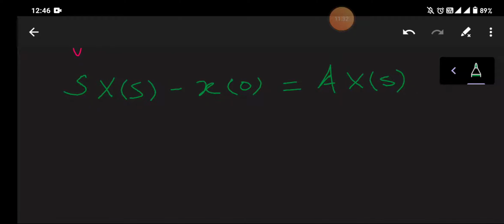I am taking this term to this side and this term to that side.